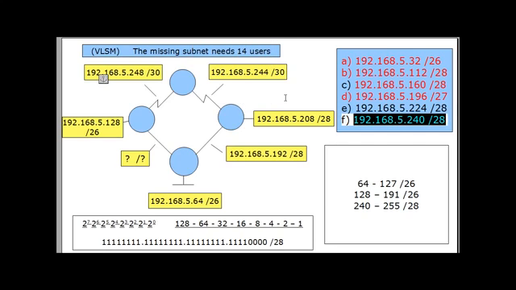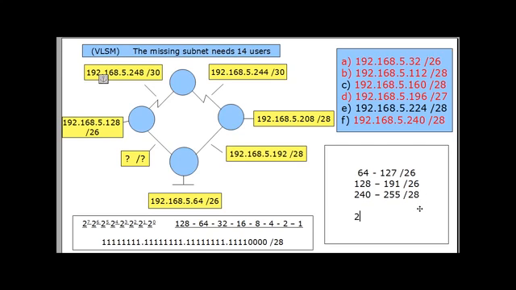And that leaves one possible answer left, the 5.224 network /28. And if we draw it out here, we know that it's size 16. Magic number place value is 16. So we know it would go from 224 to 239, because the next network, 224 plus 16, is 240.